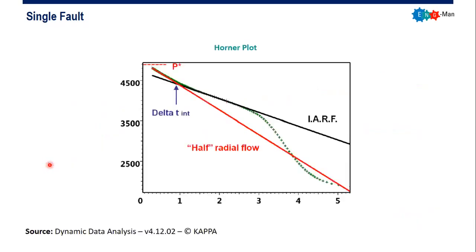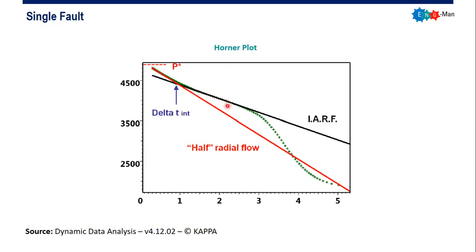Now, if we plot the Horner plot, we will have a trend like this. We will have two radial flows. The first radial flow can be taken from this section. It shows our IARF, which is infinite acting radial flow.